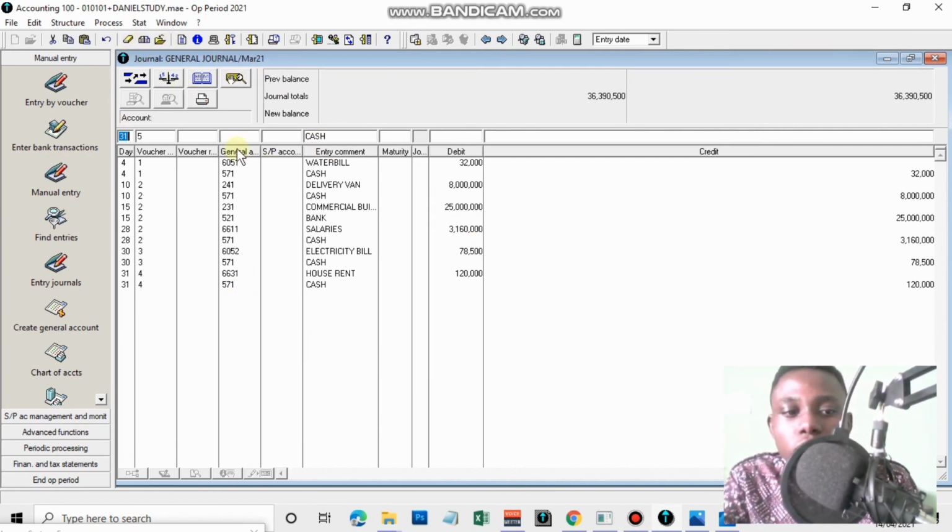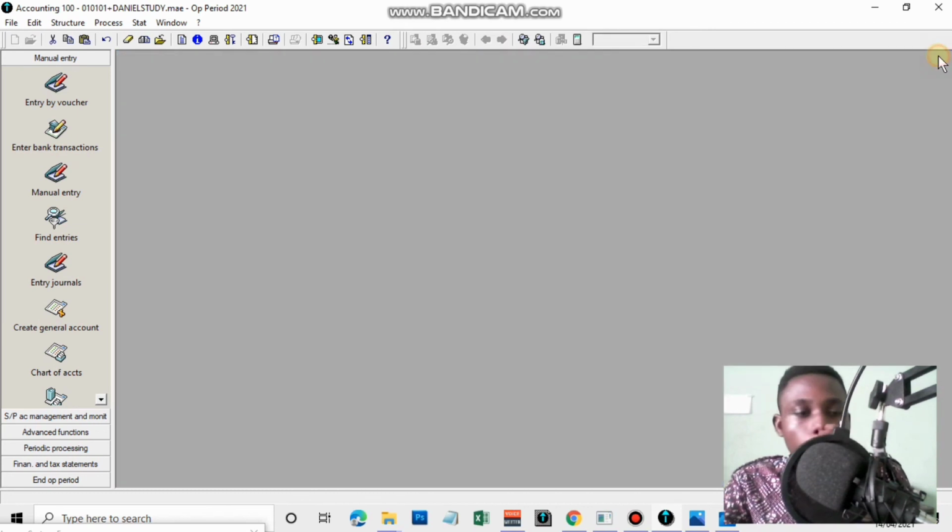These are all the transactions that were supposed to be recorded. I've said that to every expense there should be a corresponding cash movement, so that was cash or bank. Sometimes there are bank payments, so it depends. You always need the debit side and the credit side to be balanced, because everything here needs to appear here. It's 8 million here, and it appears in 25 million. Everything is just balanced up. Okay, so we're done with the general journal, or the journals.